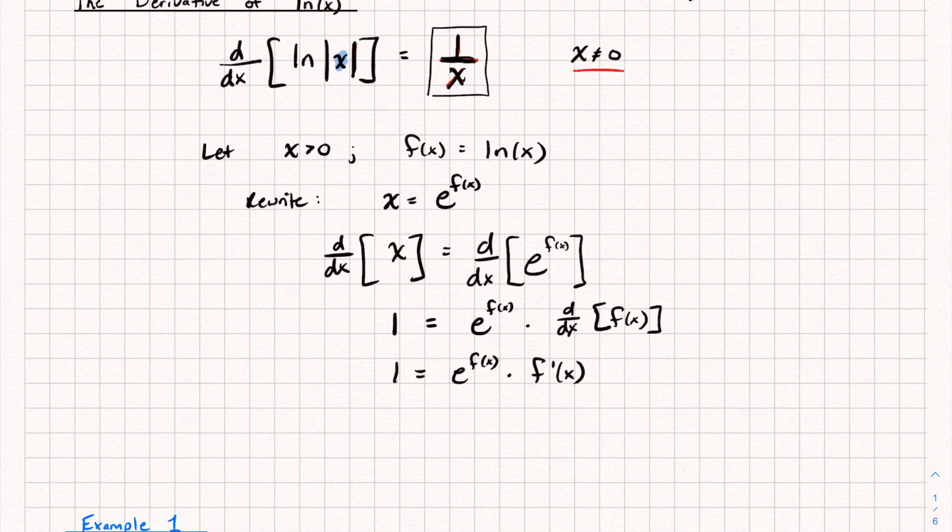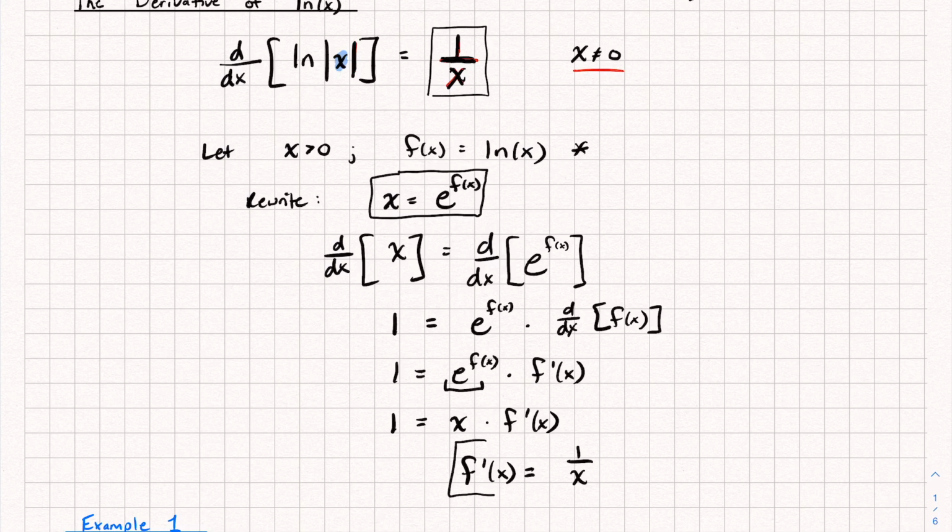And this is where the trick comes in, and it really comes from our definition here, that e to the f of x is equal to x. So this means that I can replace e to the f of x with just a single x. And then by dividing that x over, we have that f prime, the derivative of the original function, is equal to 1 over x. And therefore we have a pretty straightforward proof.